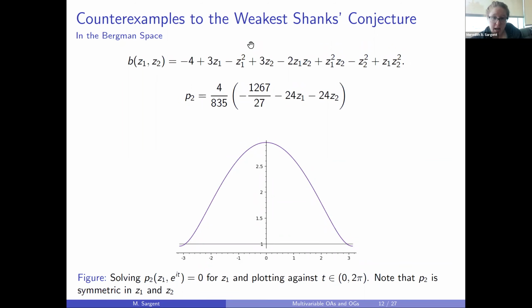Oh, there's a question in the chat. Can you say anything about the locations of zeros of the optimal approximants for 1 over f, where f is 1 minus z1 z2? Ellen, correct me if I'm wrong, but I don't think we actually talked about this. I'm trying to remember. I don't think we said anything.